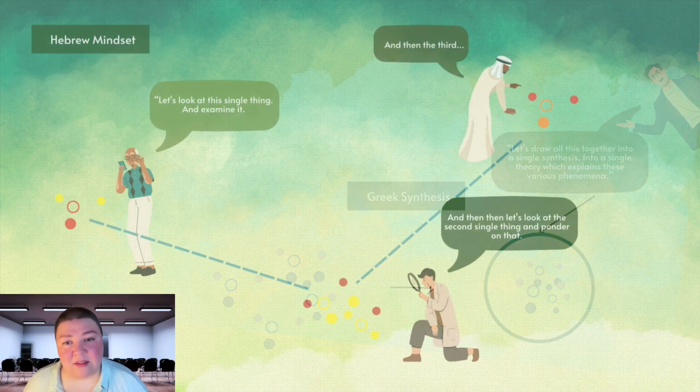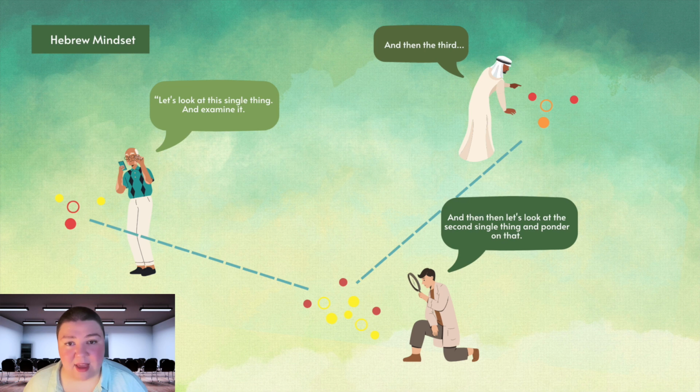The Hebrew mindset reverses that. They say, let's look at this single thing and examine it. And then let's look at the second single thing and ponder on that. And then go over to the third. This helps to explain some of these strange things we might read in the Old Testament.